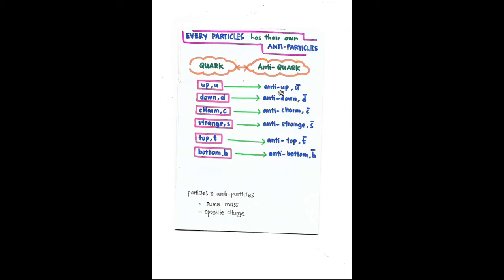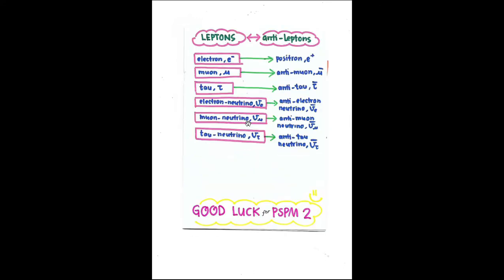Most students will try to answer down, but the answer should be anti-up. Down is anti-down, charm is anti-charm. This one is easy to memorize. Over here it is pretty much the same, you just add anti, except for the electron we change to positron, but I expect you guys to know that one already.